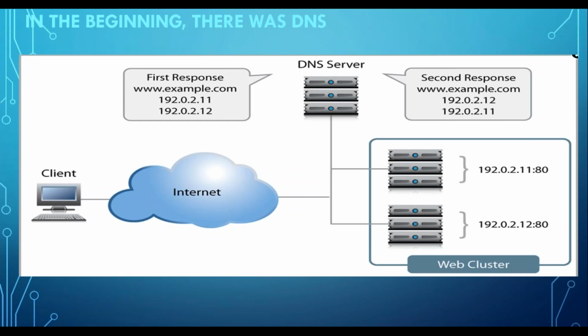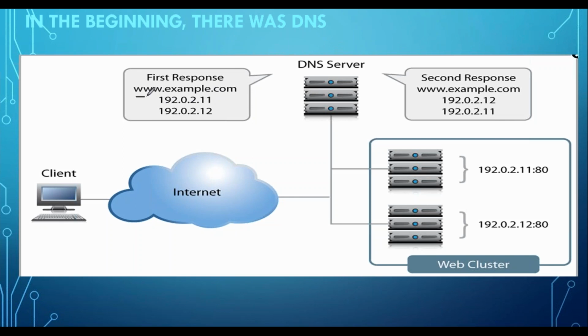So in the beginning, when there was an initial requirement of load balancing, DNS was the solution. So in DNS, two records were created corresponding to your application.